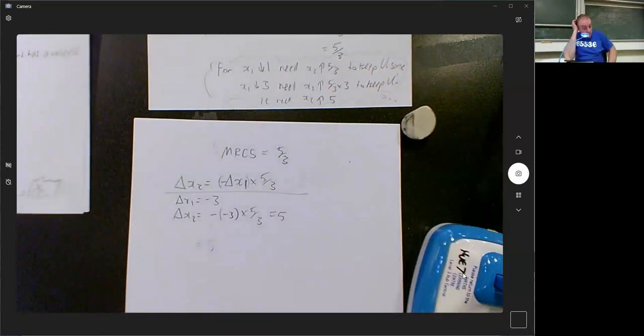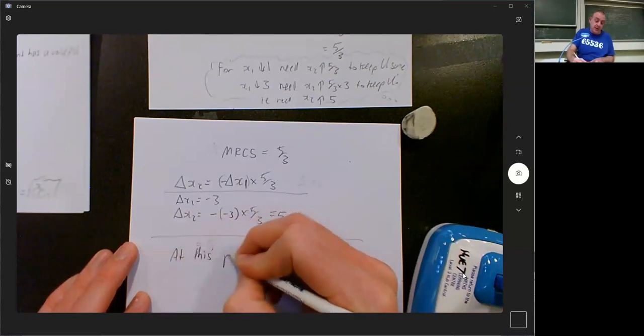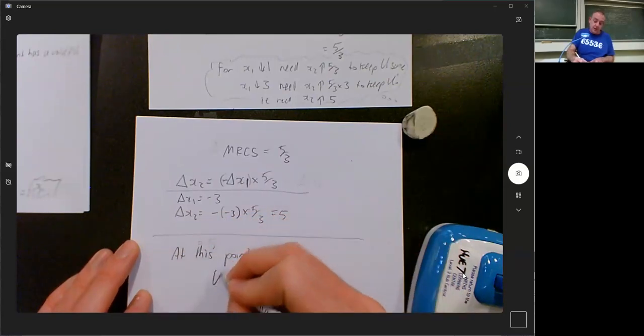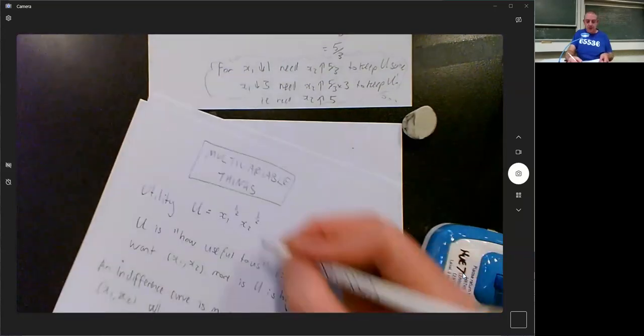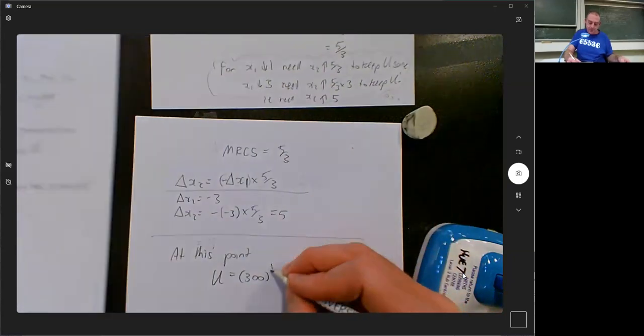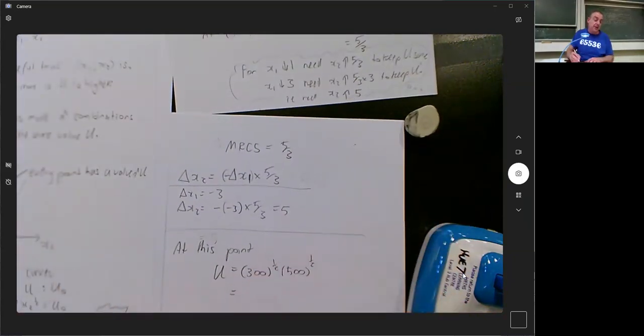And it is theoretically possible for us to figure out what the utility is at this point, just to point this out. It wasn't in the question, but at this point, the utility is 300 to the half times 500 to the half, which is whatever it is.